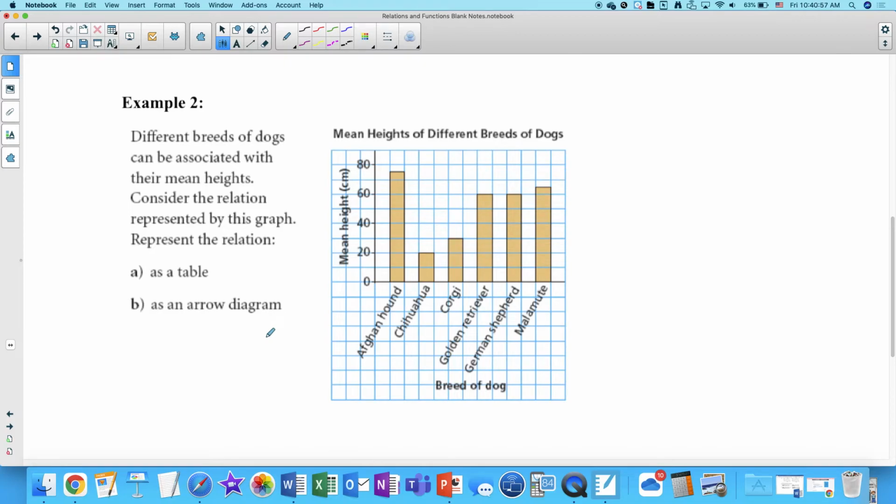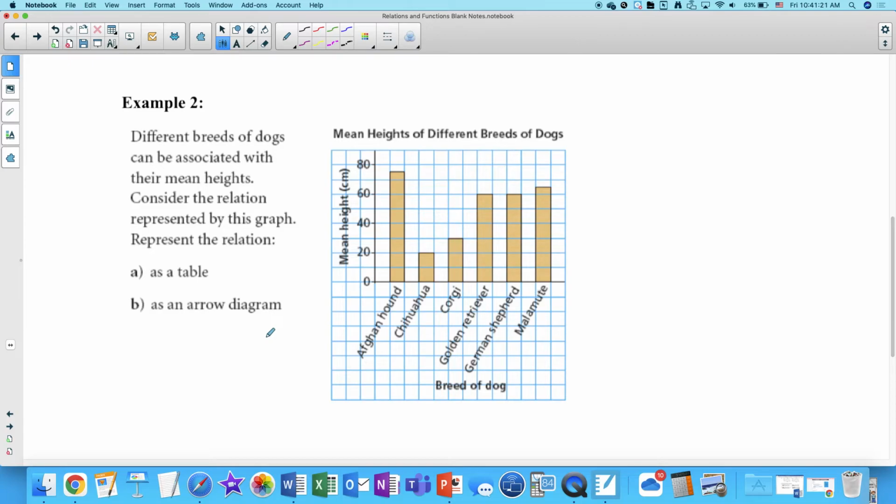There are some instances where median or mode are more useful, but most of the time, we talk about the mean when we talk about average. Okay? All right, so consider the relation represented by this graph and represent the relation as a table and as an arrow diagram. Okay, so firstly, this graph is a bar graph.